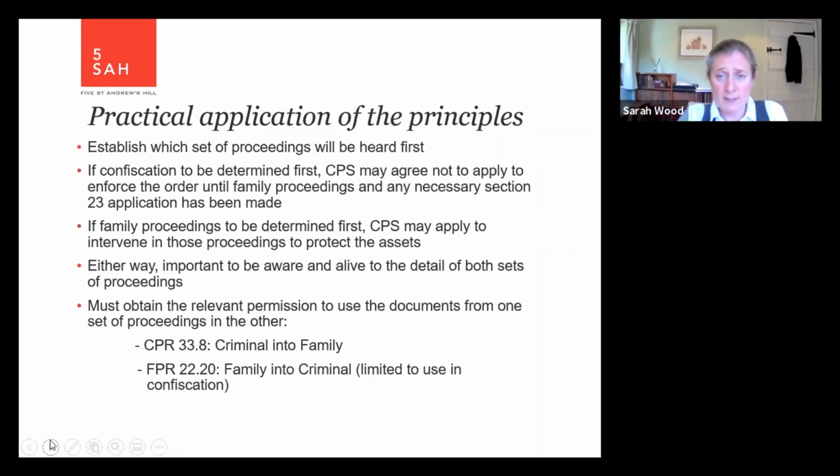However, in that scenario, it may be possible to agree with the CPS, if, for example, you are acting on behalf of a husband or a wife in the family proceedings, that they won't apply to enforce the confiscation order until the family proceedings have concluded and until any necessary Section 23 application has been made.